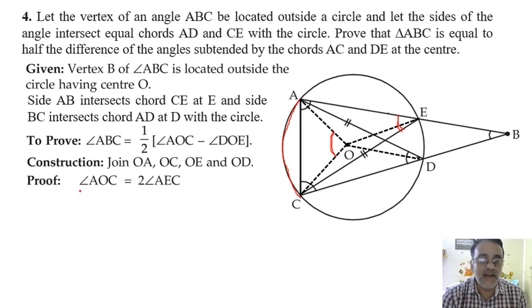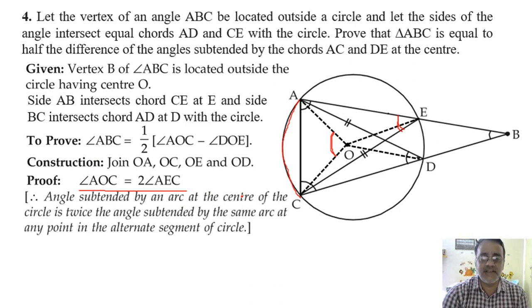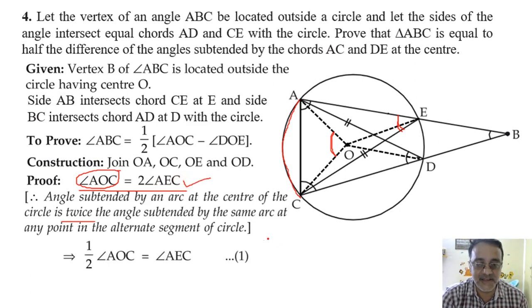So angle AOC is 2 times angle AEC. The reason, you have to write the statement: the angle subtended by an arc at the center of the circle is double the angle subtended by the same arc at any point on the remaining part of the circle. Okay, so we can write half of angle AOC is equal to angle AEC. Let it be equation number 1. Is this clear? Yes, sir.